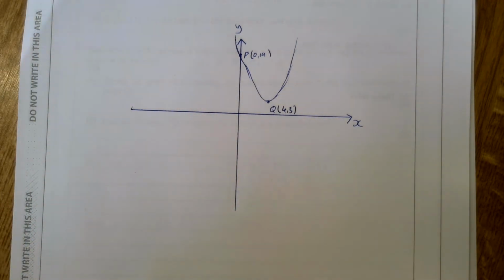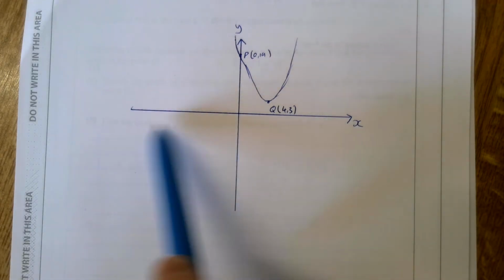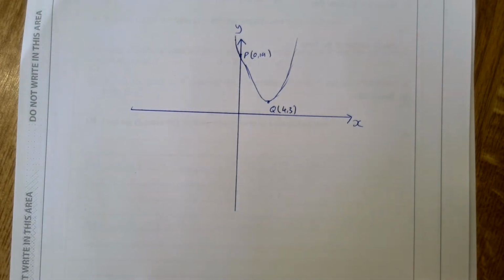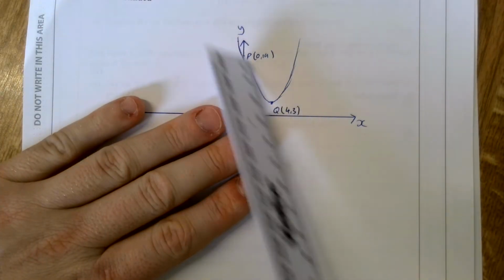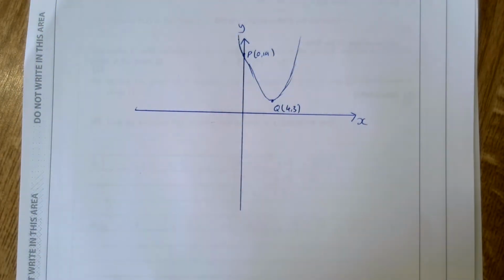You'll notice I've not put any numbers on the axes. It's just the two points that you want with a sketch. I could have even ignored the negative parts, realising that none of the values, 0 and 19, 4 and 3, are negative, so I could have just drawn this section here and made it a little bit bigger.